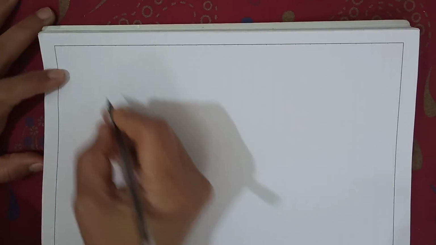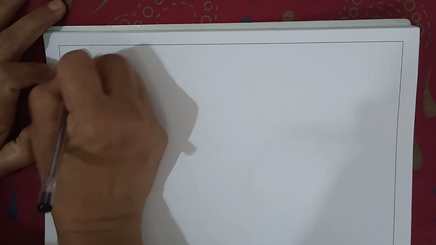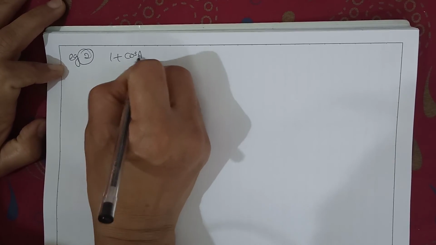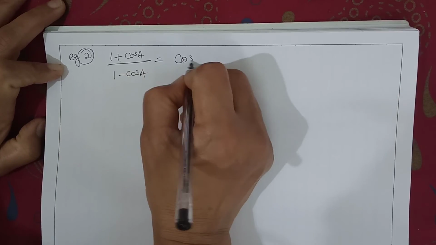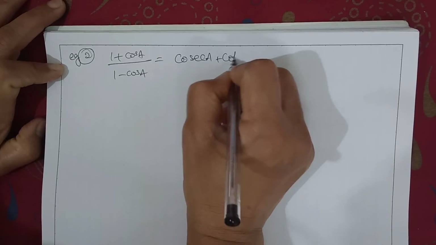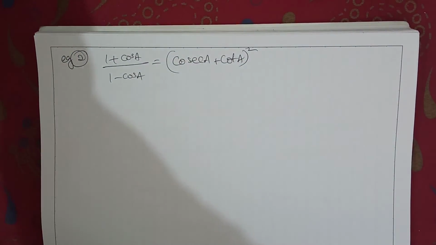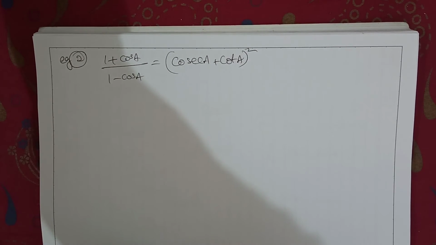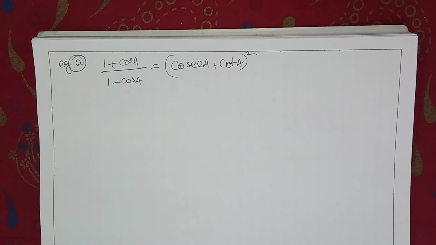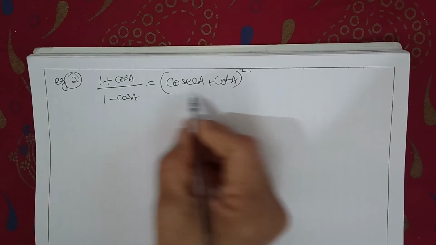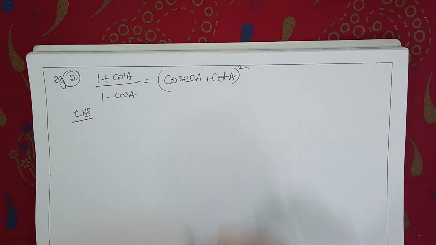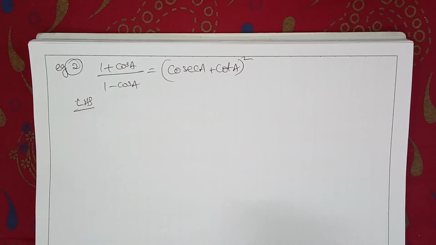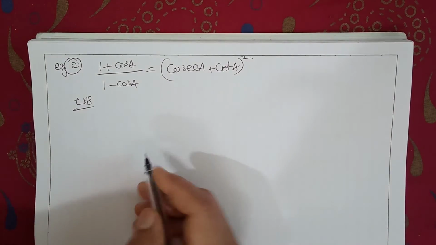Example 2: (1 plus cos A) by (1 minus cos A) is equal to (cosec A plus cot A) whole square. Okay, children? So here, again I'll start with the LHS. I can also teach you by the RHS; we will do both methods if you want.